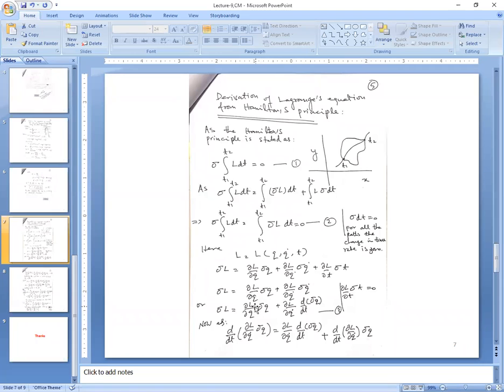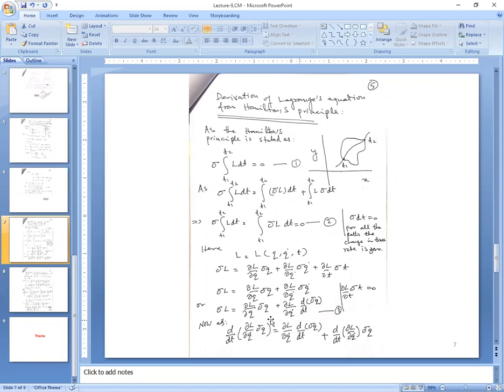You can see that this is equation number 3, and you can write delta q dot as d by dt of delta q, where q is the coordinate.